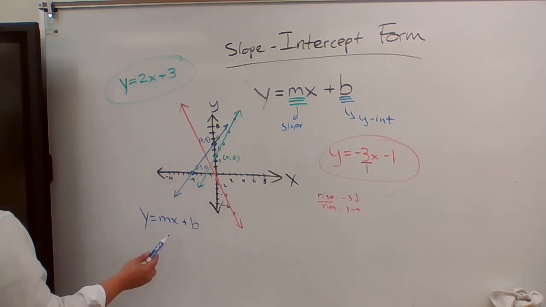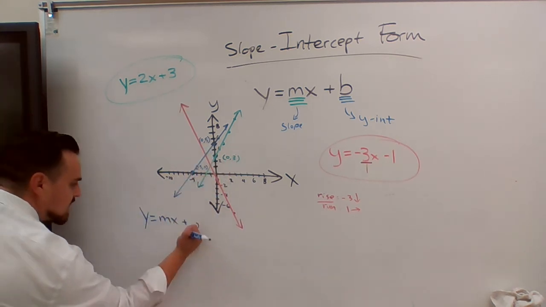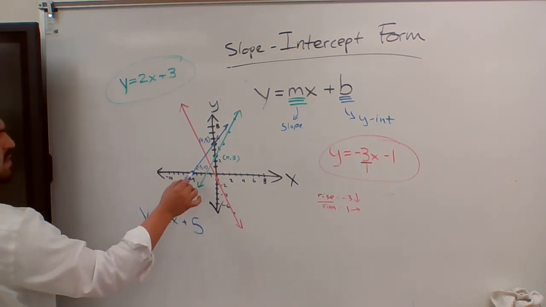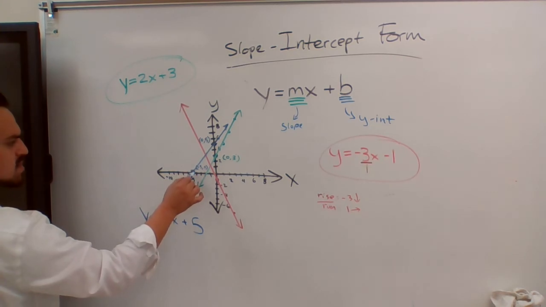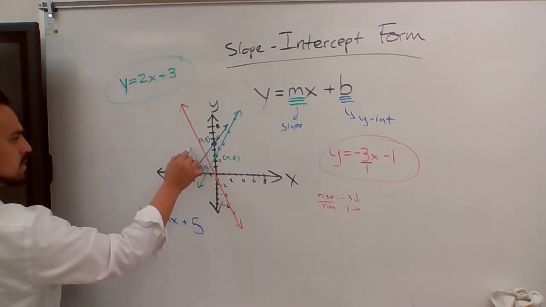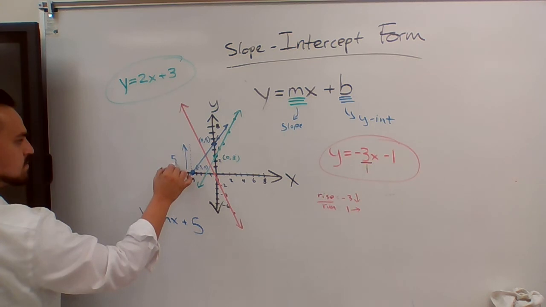Well, what is the y-intercept? This line goes through y at 5, so this is actually plus 5. And the slope here, from this point to that point, we go up 5. The rise is 5.